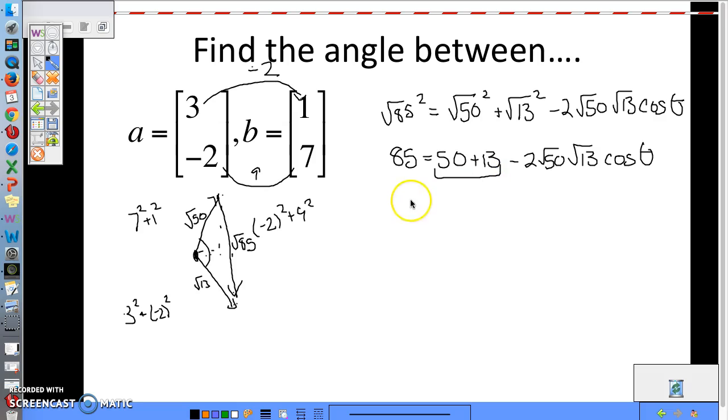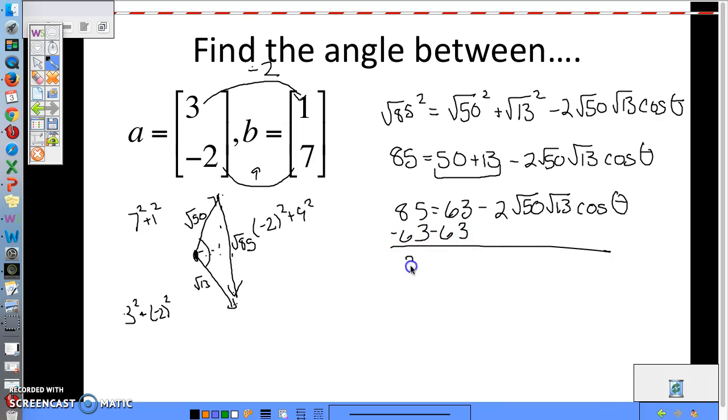And this is where we combine those together. So 85 equals 63 minus 2 root 50 root 13 cosine of theta. Subtract 63. So we have 22 equals negative 2 root 50 root 13 cosine of theta. Divide by negative 2. So negative 11 equals root 50 root 13 cosine of theta.